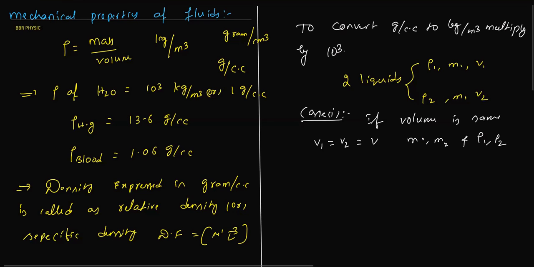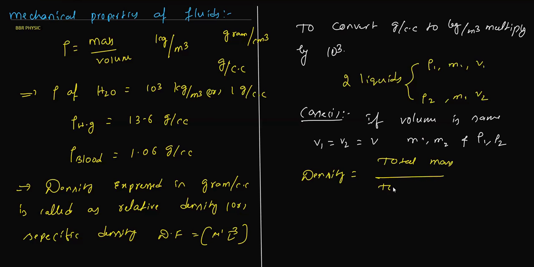See, if you observe carefully, what is the density formula? Density equals total mass upon total volume. So rho can be written as m1 plus m2 divided by v1 plus v2. But v1 and v2 are both the same in this case, so v plus v.